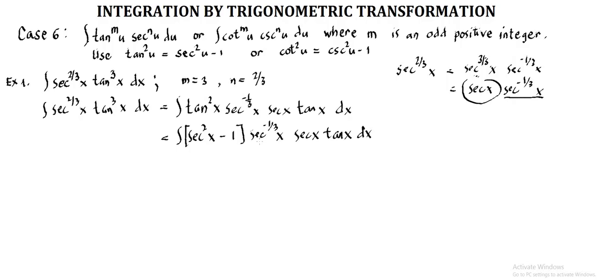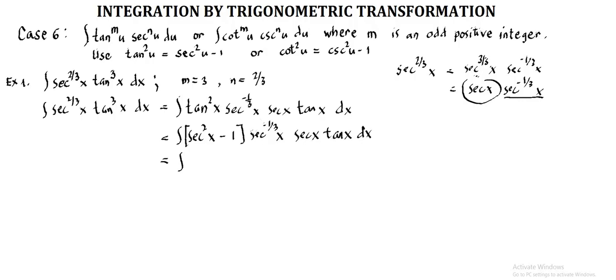After that, itong secant to the power of negative 1/3 of x, secant of x, tangent x dx, mumultiply natin dito sa secant squared x minus 1 at pag-iwalay natin ang integration, magkakaroon tayo ng integral of secant squared x times secant to the negative 1/3 of x, secant x, tangent x dx.